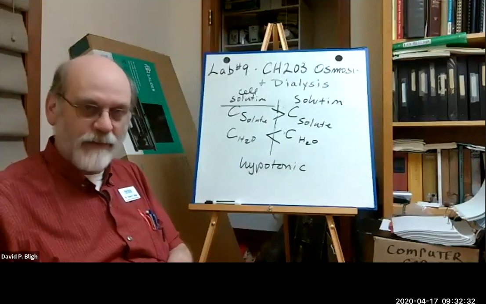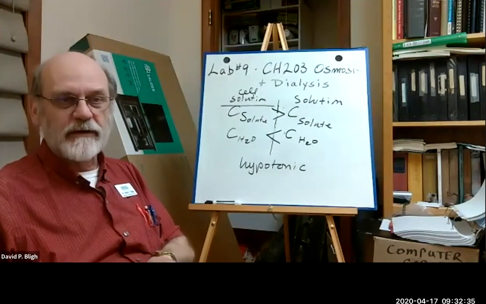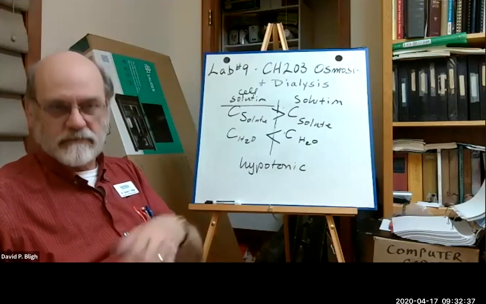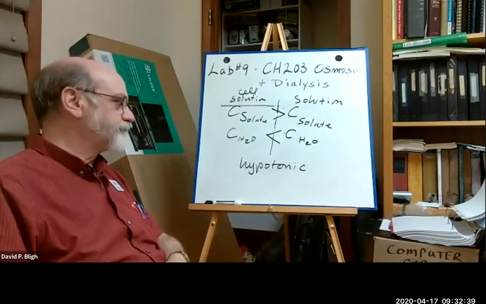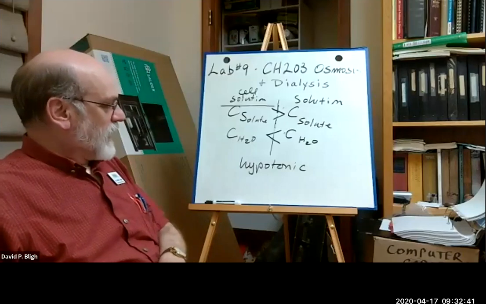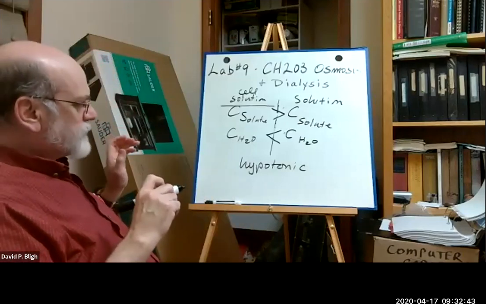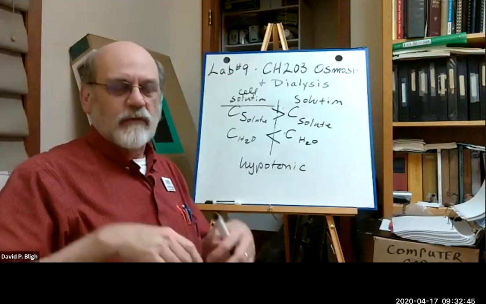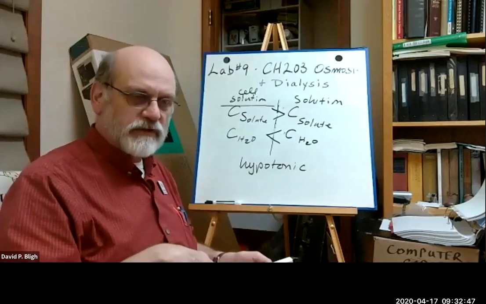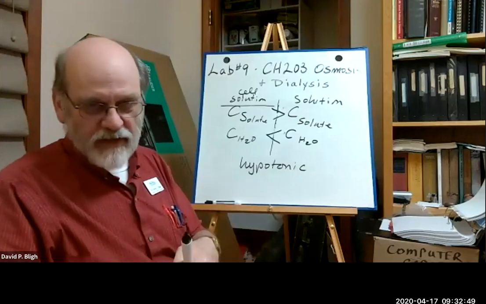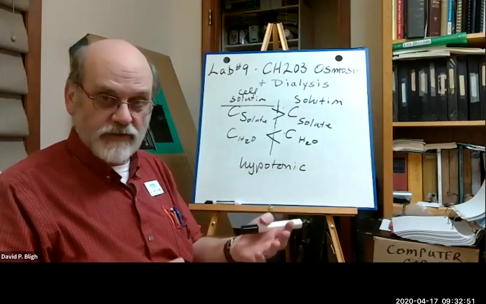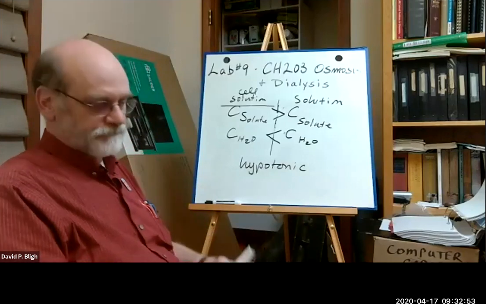So it doesn't damage your cells, but it provides some nutrients and fluids. Okay, so we know about tonicity, we know about isotonic, hypertonic, and hypotonic, and which way water moves across a semi-permeable membrane.